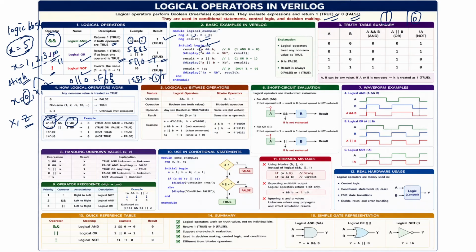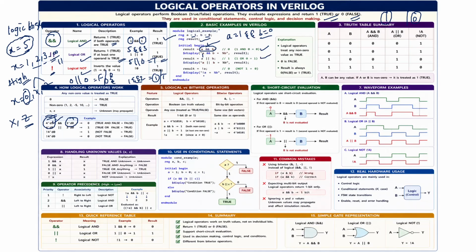Result is A and B. A value is 1 and B value is 0. If any value is low, your output should be low. That is the logical AND operation. And for the logical OR operation, if any one of the inputs is high, see here A is high, you get the output high.